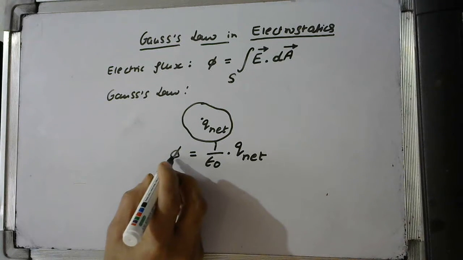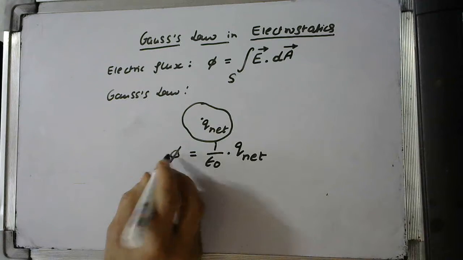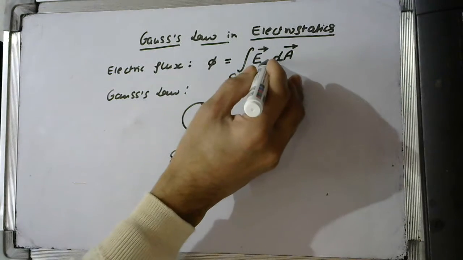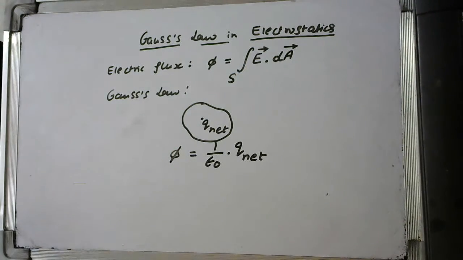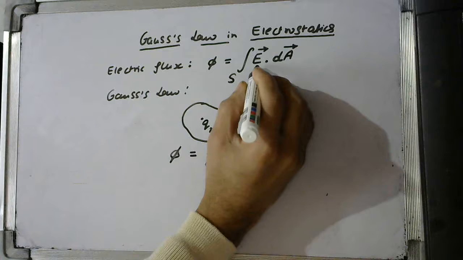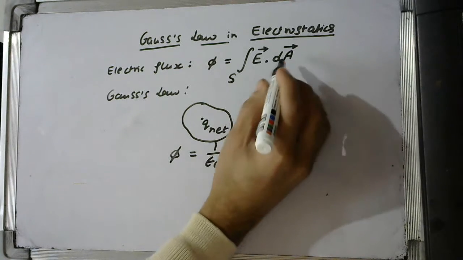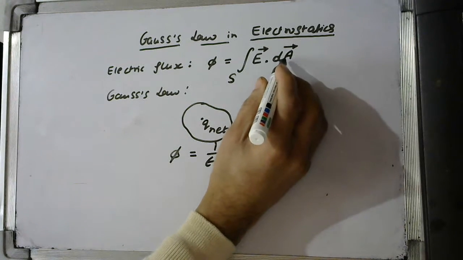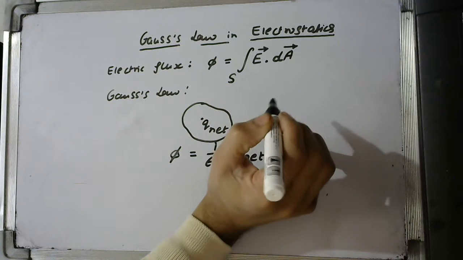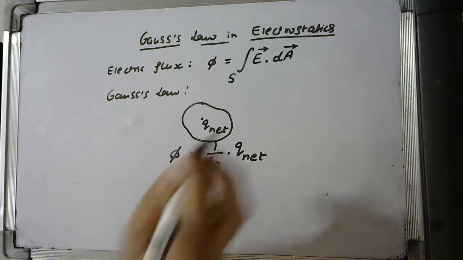Now, when we calculate electric flux, we use this expression. This is a surface integral of electric field. Basically, we are calculating integral with respect to area element, hence this is called a surface integral.